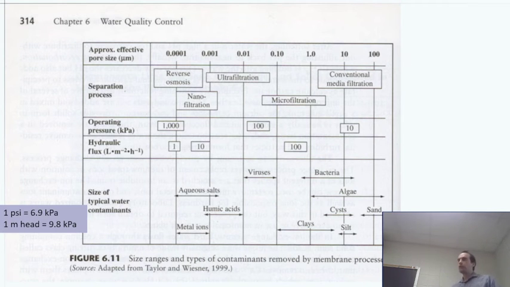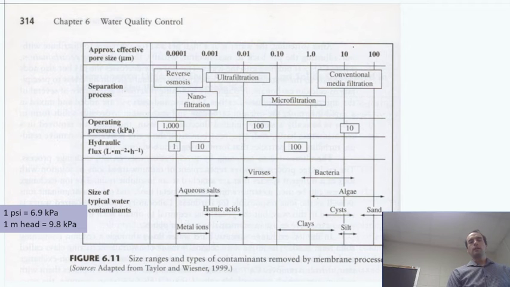Okay, so we've seen this graphic before, or something similar to it, when we were talking about granular filtration and what kind of particles to sediment or remove. And here we have at the top different separation processes. So the conventional filtration media, the effective pore size in terms of stuff that we could reject physically by size exclusion.